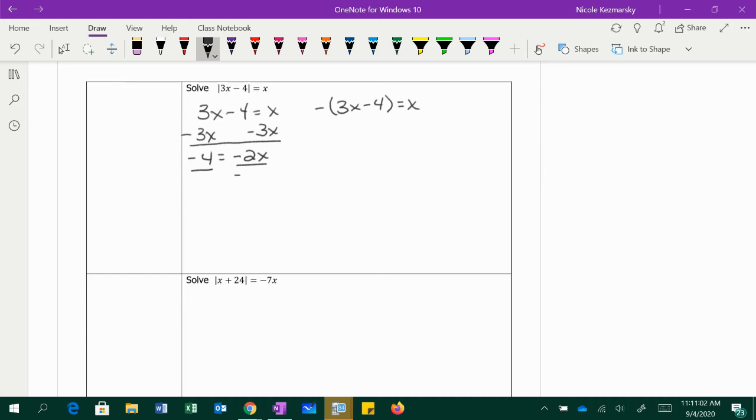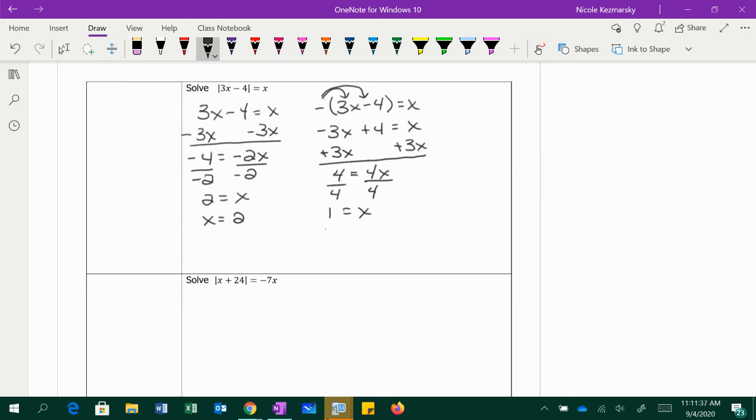I'm going to divide by negative 2 and end up with 2 equals x, or x equals 2. On the other one, I'm going to distribute and do negative 3x plus 4 equals x. I'll add the 3x because the x is what's on the other side. And I'll get 4 equals 4x. Divide by 4. And get 1 equals x.